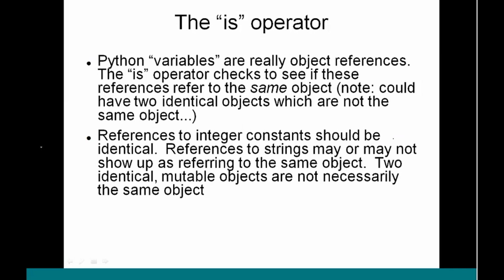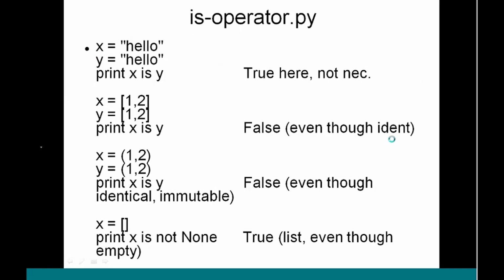So let's look at some examples of the is operator. Here we define two of them and then print x is y, then it is true here, but it's not necessarily so. With 1, 2, this one is false because it's a list.